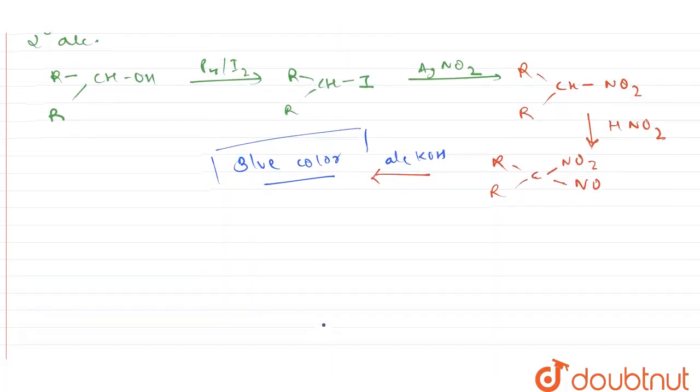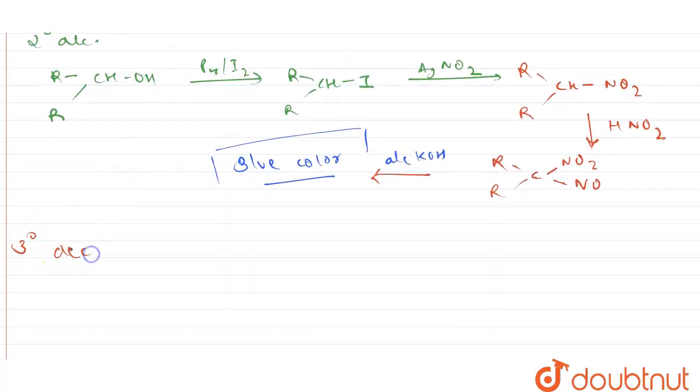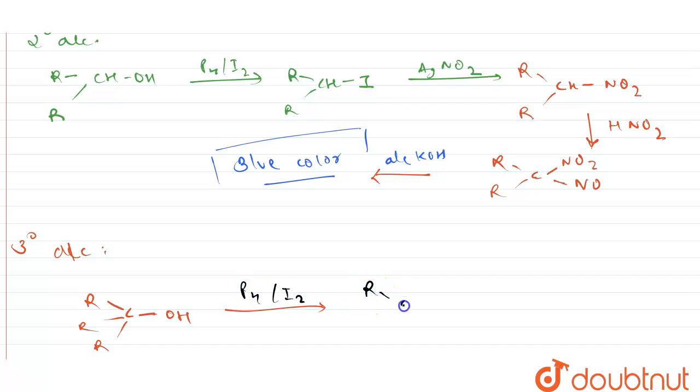With tertiary alcohol, the general structure is R3COH. When this is treated with P4 and iodine, you are going to get R3CI.